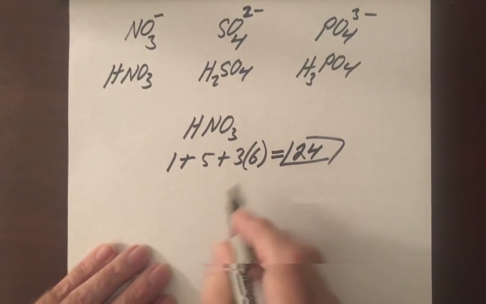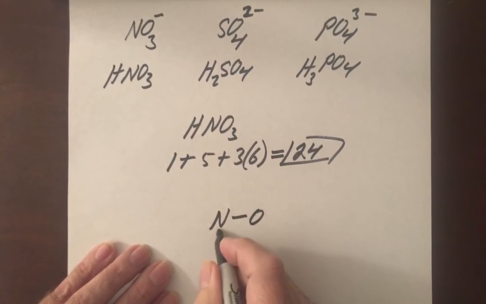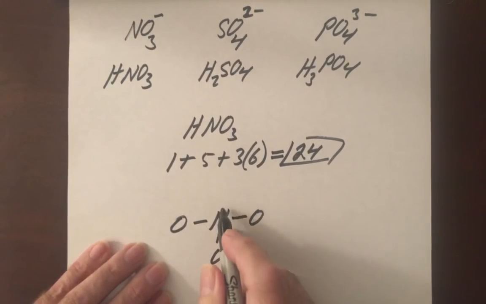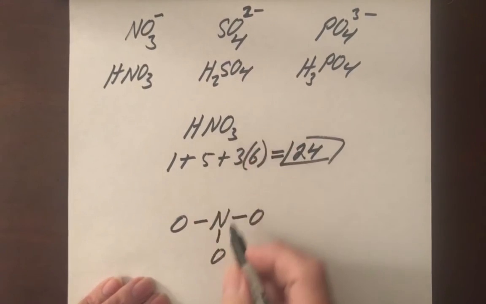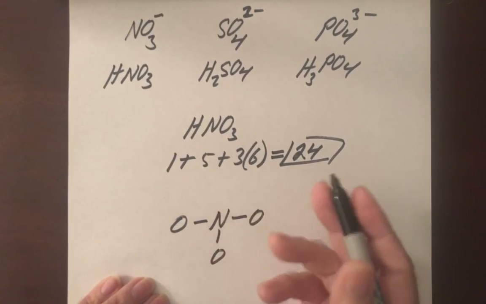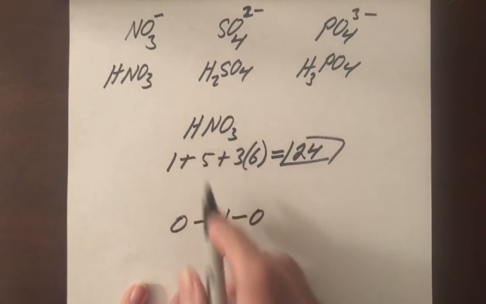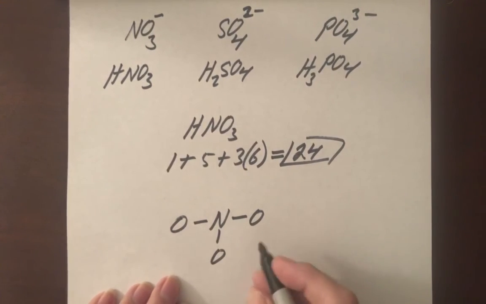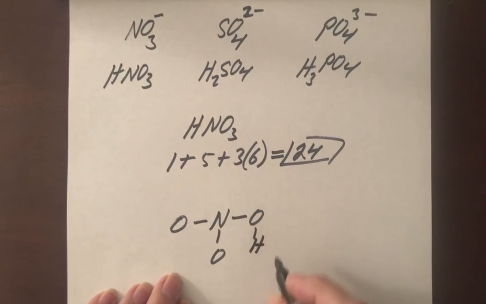Now, when you go to draw the Lewis structure, we'll put the oxygens on the nitrogen, and it's going to be tempting to put the hydrogen on the nitrogen. Nitrogen needs 4 bonds, and so why wouldn't we put the hydrogen here? Well, that's not the way an oxyacid works. For an oxyacid, the hydrogen will be bonded to an oxygen. It doesn't matter which one you choose to bond it to or how you draw it. It just needs to be bonded to the oxygen.